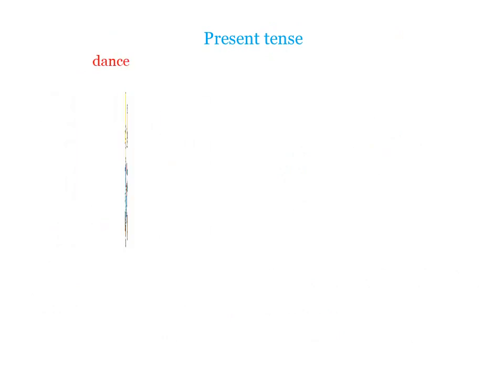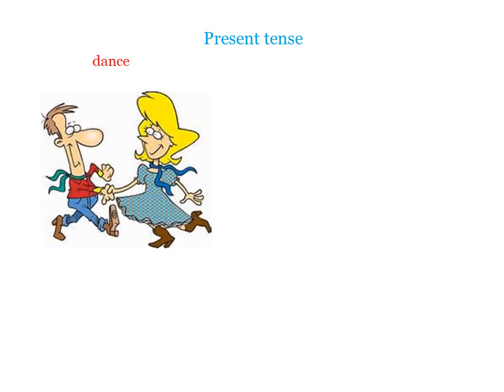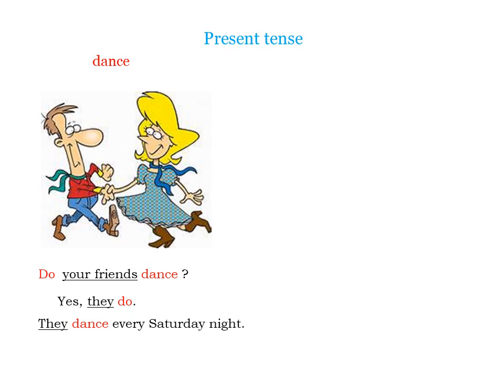Dance. Do your friends dance? Yes, they do. They dance every Saturday night. Now for he, she, or it, third person, when verbs end in E, you add an S, but it changes to two syllables.